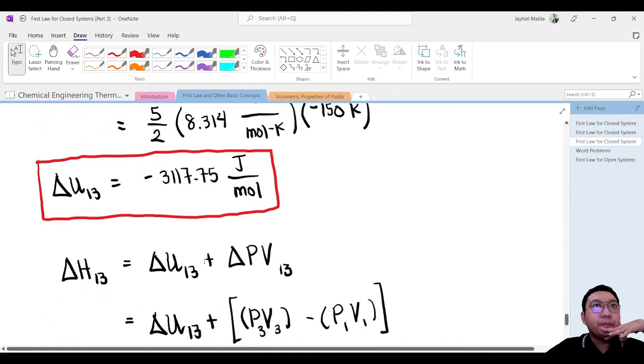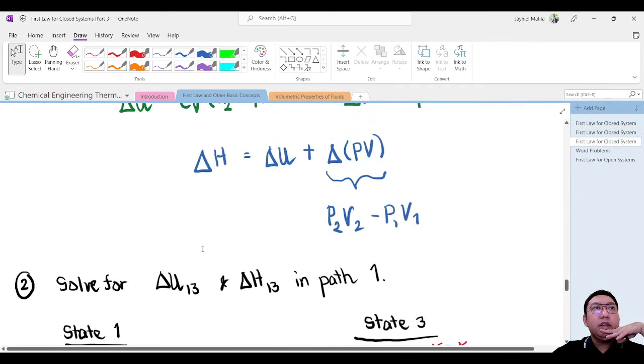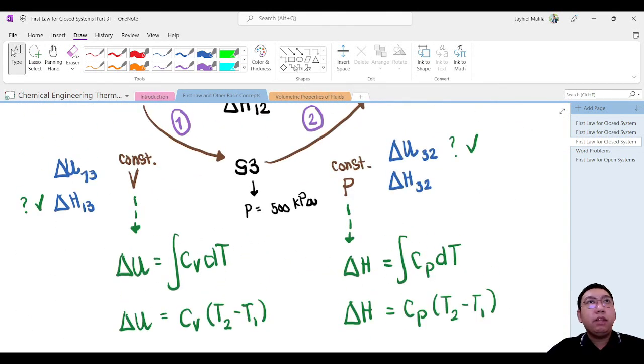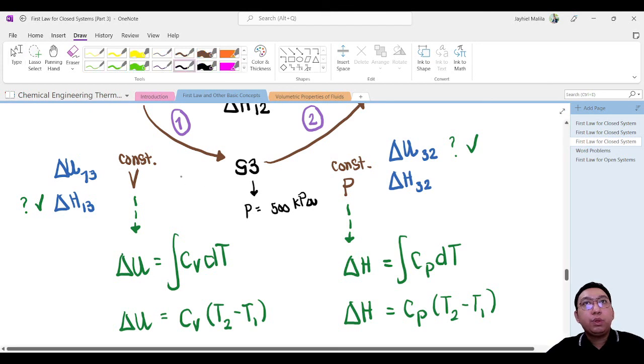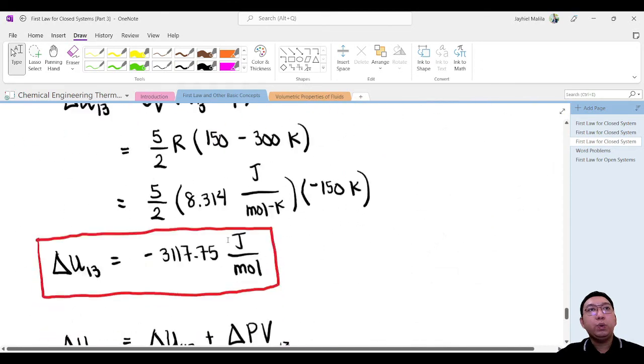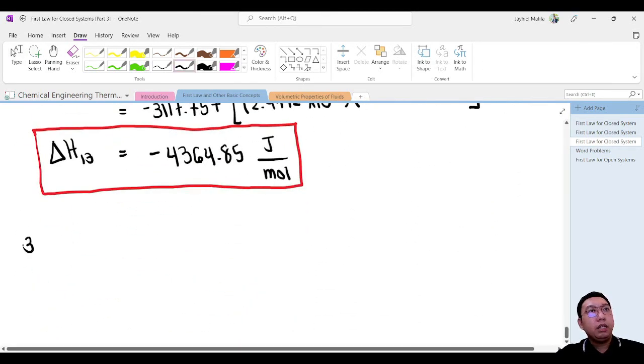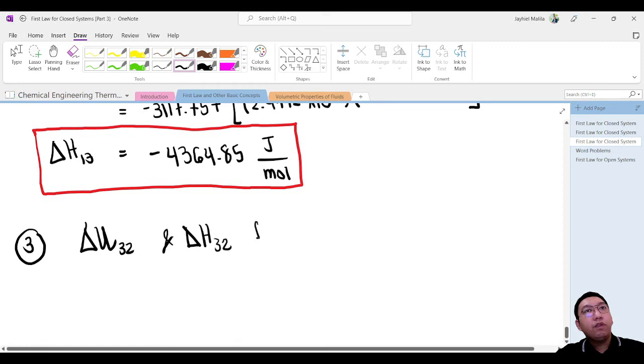Okay, I'm done, and I'll now proceed to path number 2: delta U32 and delta H32 for path number 2.